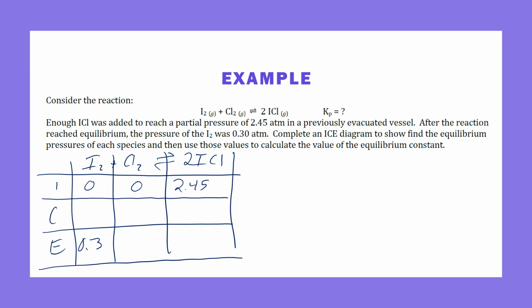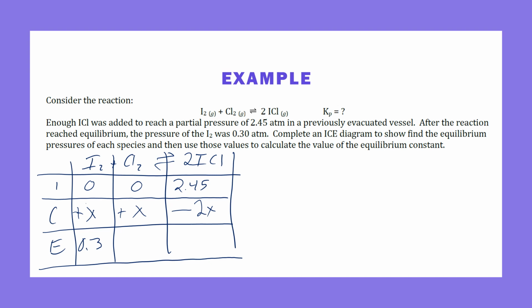But anyway, we know that the reactants must increase because they're currently at 0, and the products must decrease. And then we use the coefficients, so I2 increases by x, Cl2 increases by x, ICl decreases by 2x. So the I2 column is complete. 0 plus x equals 0.3.